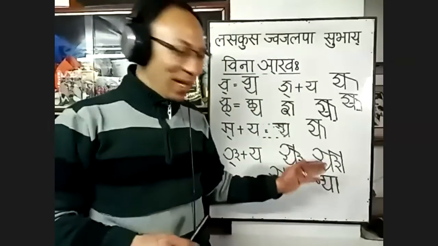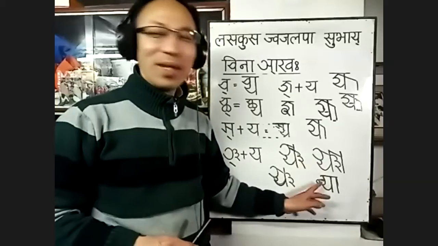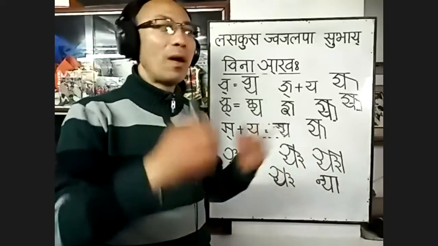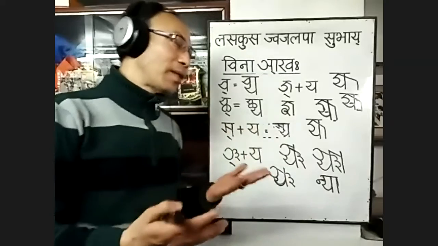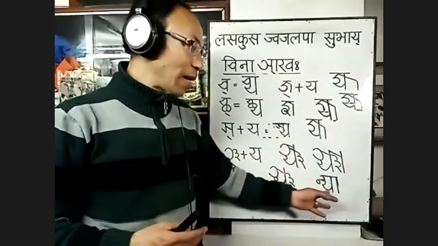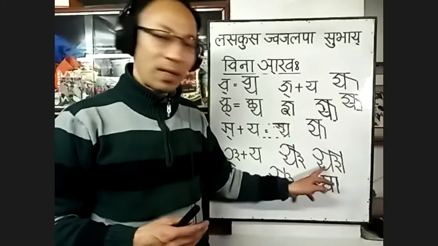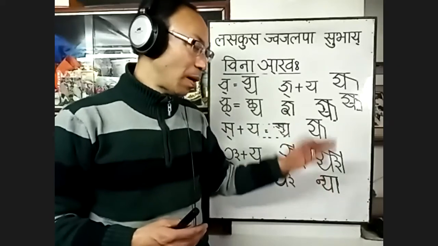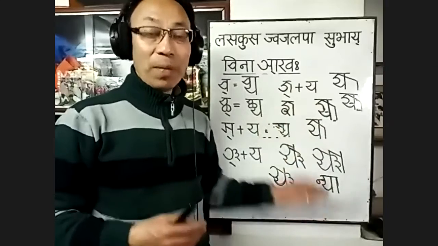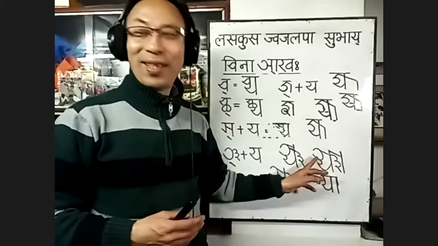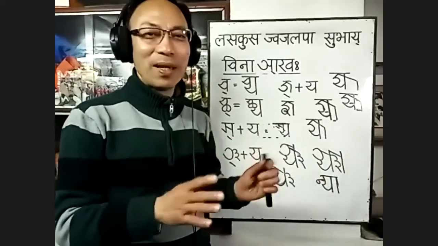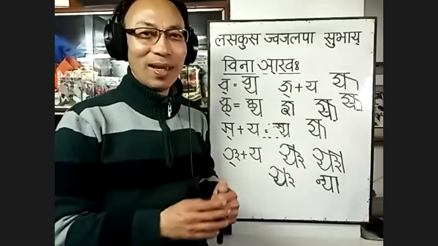Okay, but these days we have been using this nya writing form, because if you see the text in Nepal Bhasha books and in others, you find this letter only, not this, because this has been practiced for so many years, but the sound is this. This is the only thing that is somehow a little different in Nepal Bhasha, actually.